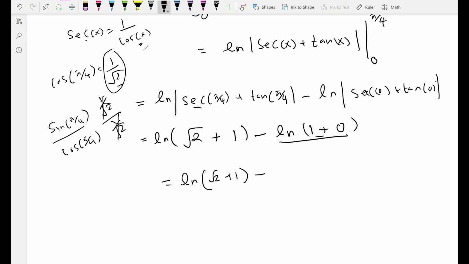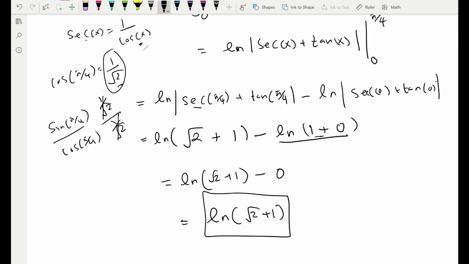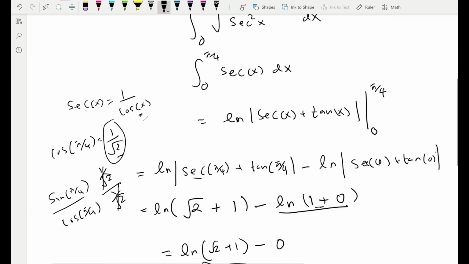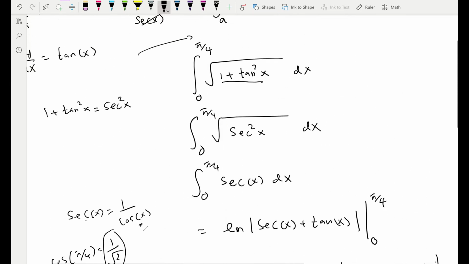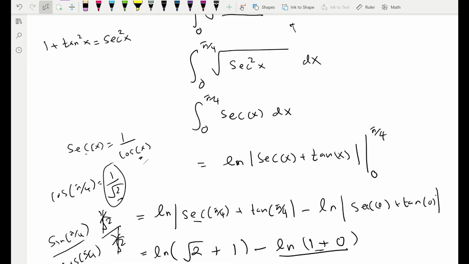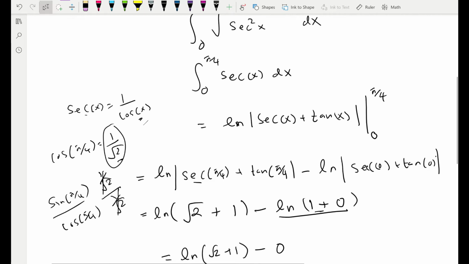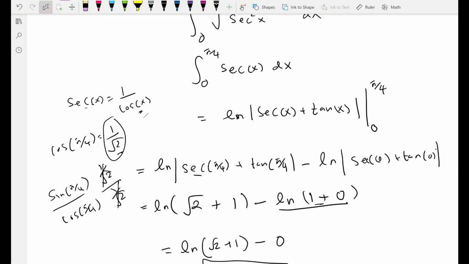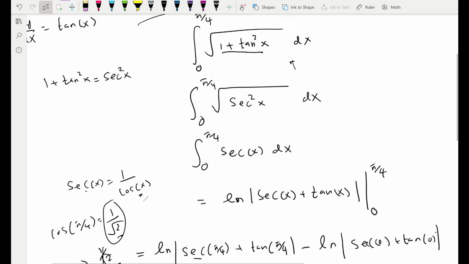But natural log 1 is 0. So the arc length here is natural log of square root 2 plus 1. That's the arc length of this curve. Besides substituting into the formula, we needed the Pythagorean identity, the integral of secant, and the unit circle to find the length of this curve.